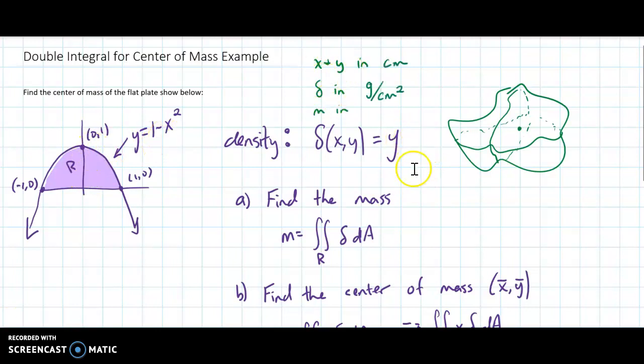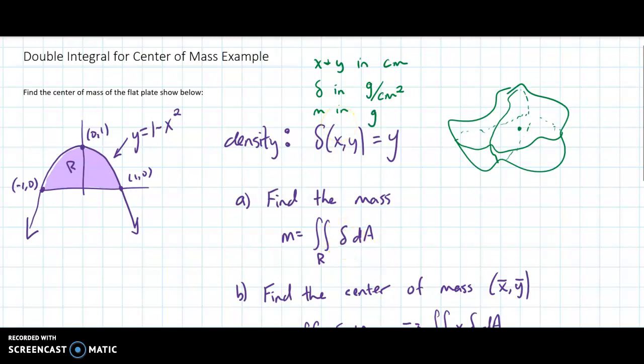I added this because we should really talk about units. If x and y, for example, were measured in centimeters, and the density was measured in grams per centimeter squared, which is the two-dimensional density as opposed to a three-dimensional density, then what would the mass be measured in? Well, it would be measured in grams.